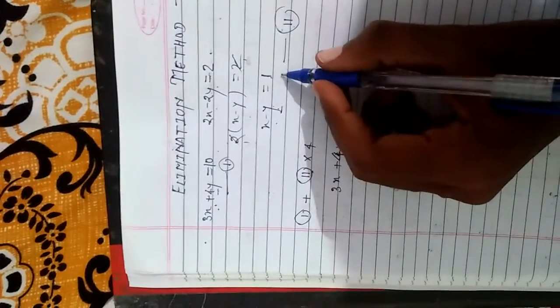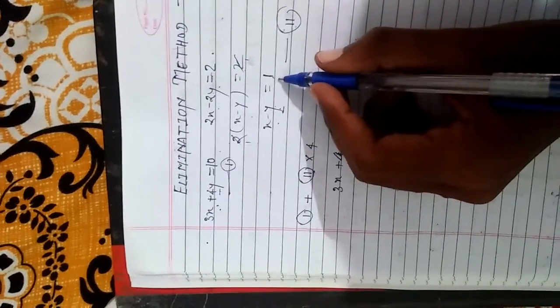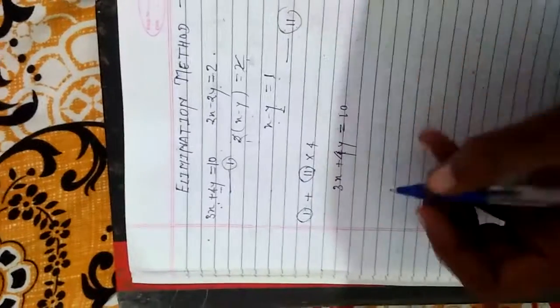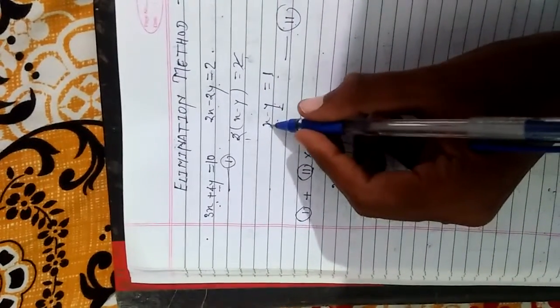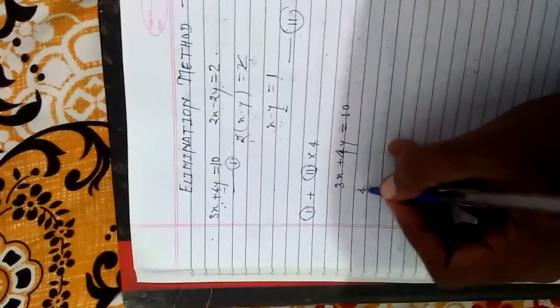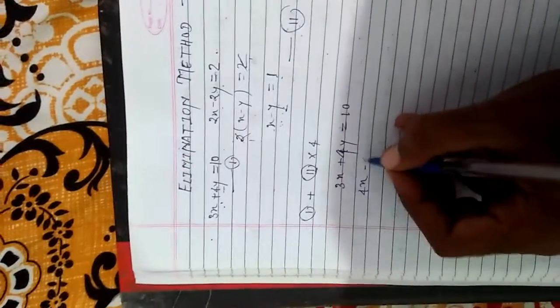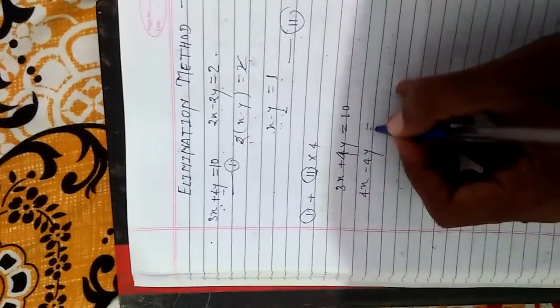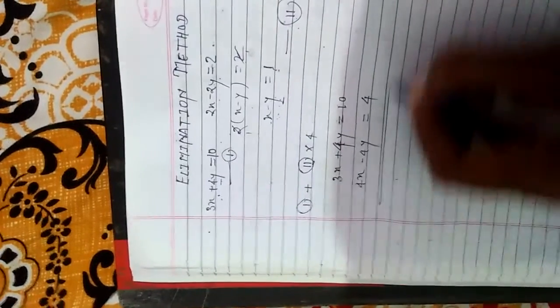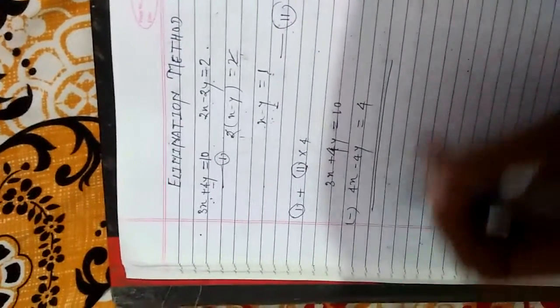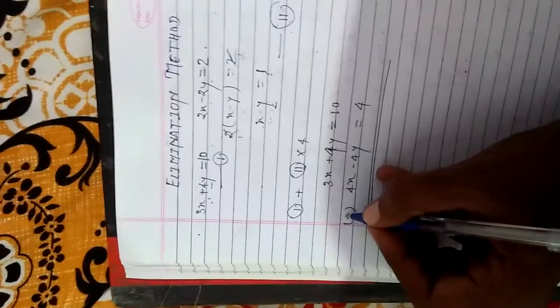and this is our equation number 2, and we have to multiply by 4. So this is 4x, this is minus 4y, and this is 4 ones are 4. Sorry, so we are adding now.